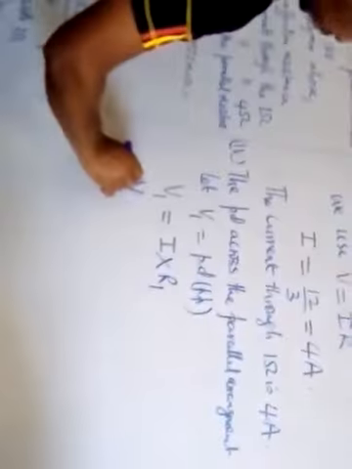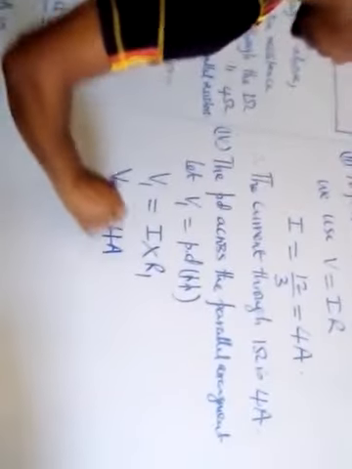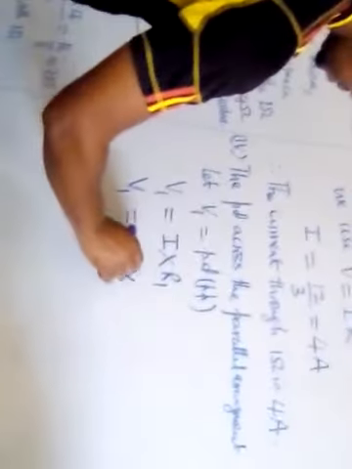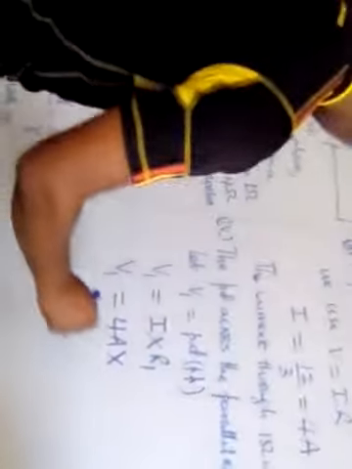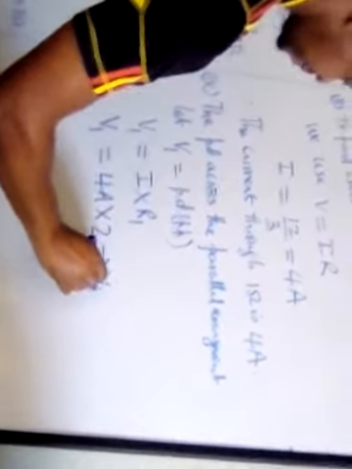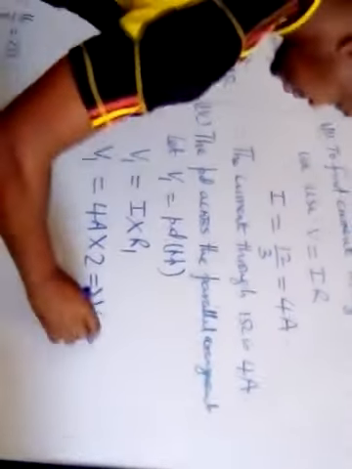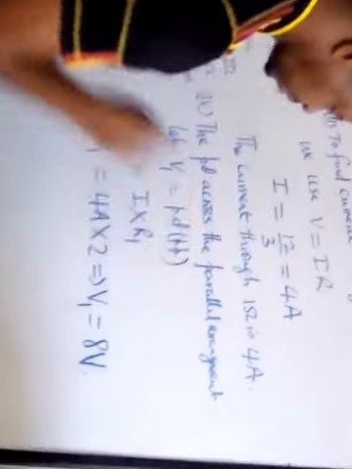So the PD V1 will be equal to the current, which is 4 amperes flowing through the 1 ohm, times the effective resistance R1, which we got as 2. And therefore, this confirms that the PD across the parallel arrangement is going to be 8 volts.